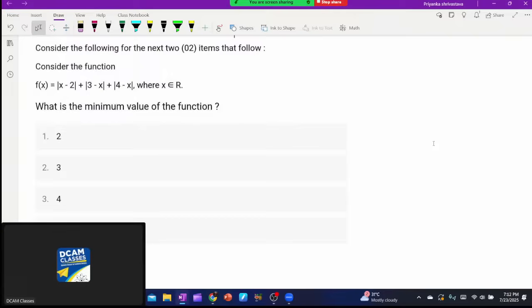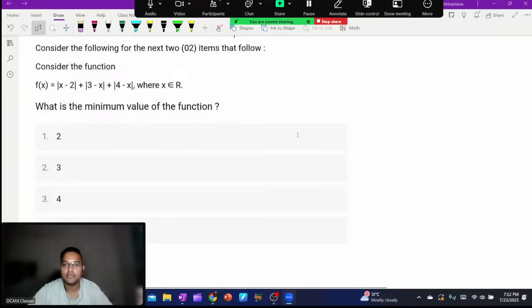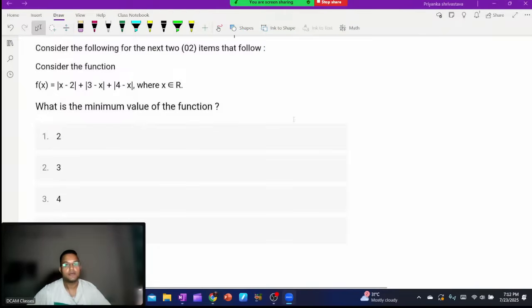See, in this question, you have to actually properly define it. I have not given an easier question. You have to define this particular function for different intervals. When you decide to give the intervals here, you have to be very careful. All those values which are present inside the modulus, you have to take as interval points, meaning 2, 3, and 4.